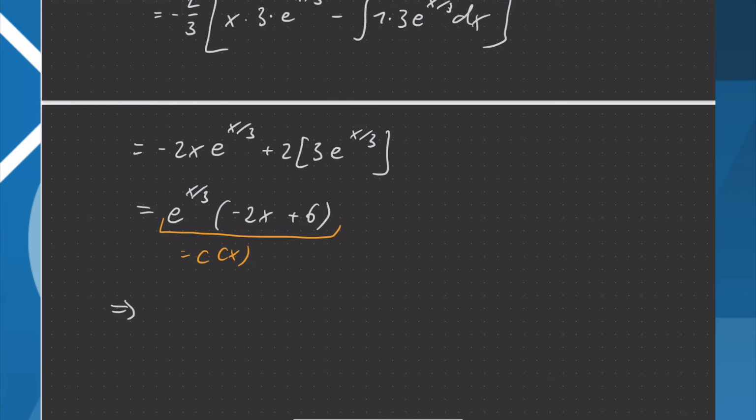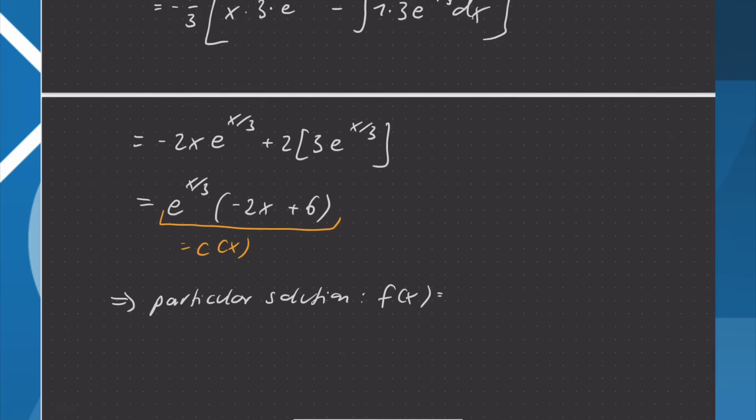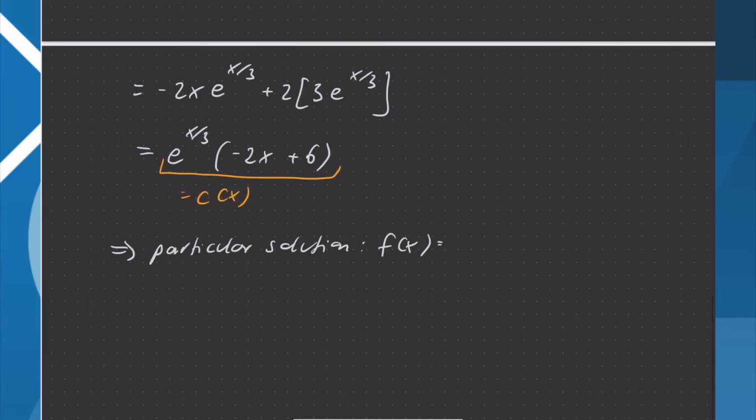So that means our particular solution f of x is then c of x times e to the minus x over 3.